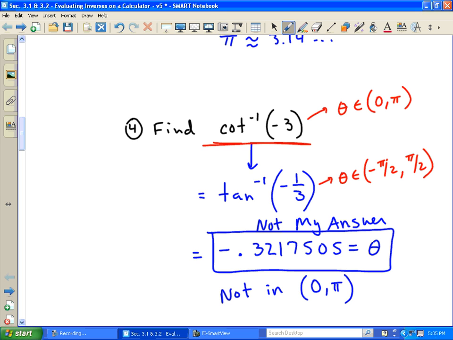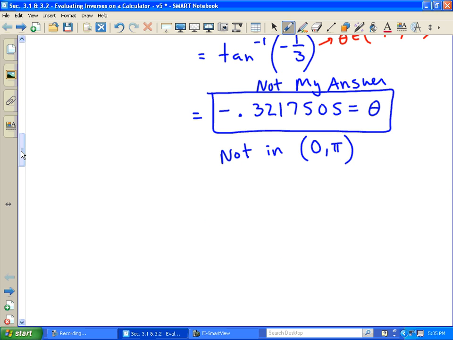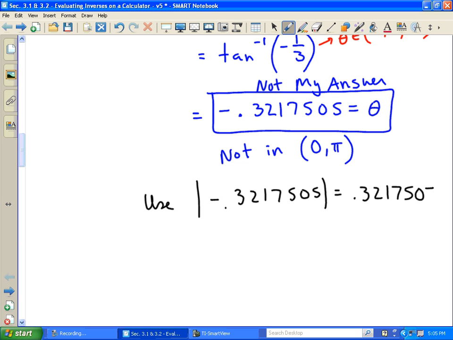So what do I do about that? Well, here's what I do. I use this as a reference angle, and I want to use it in absolute value. So I use -0.321750, which is positive, and I take the absolute value as a reference angle.